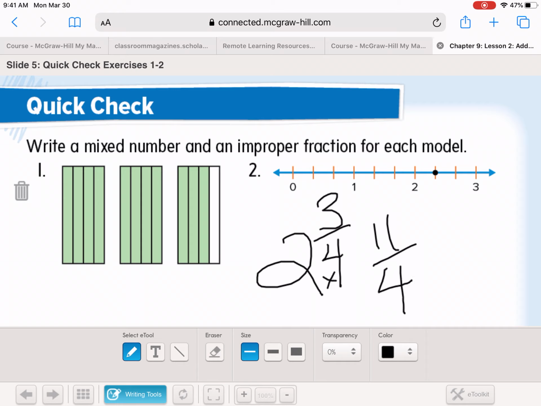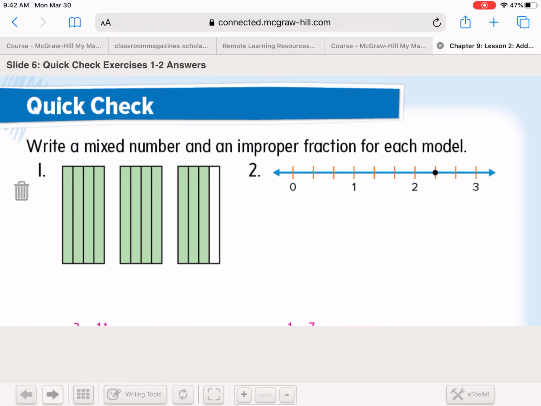Or 2 times 4 is 8, 8 plus 3 is 11. Now, number 2 is, let's see, 2 1/3 or 7/3. Okay.